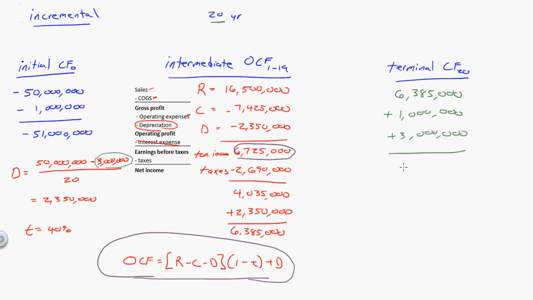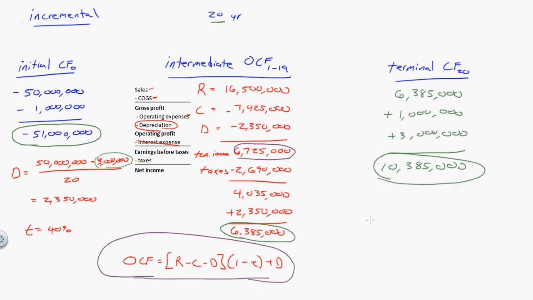So my terminal cash flow would then be $10,385,000. So now I have calculated the cash flows I need to. Here's cash flow 0. This is cash flow 1 through 19. This is cash flow 20. At this point, I can find the net present value, and I can find the internal rate of return.